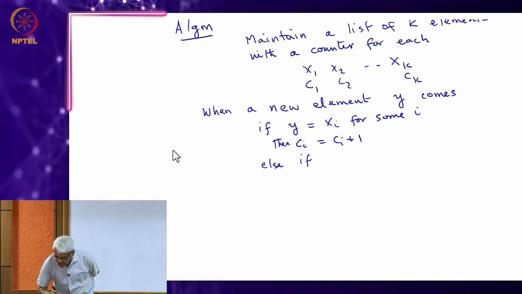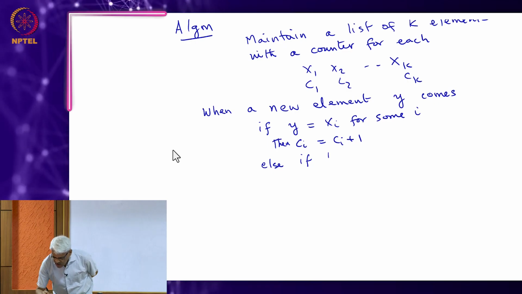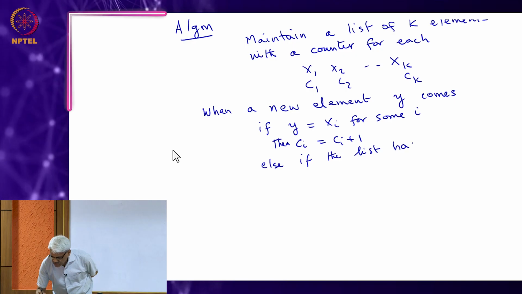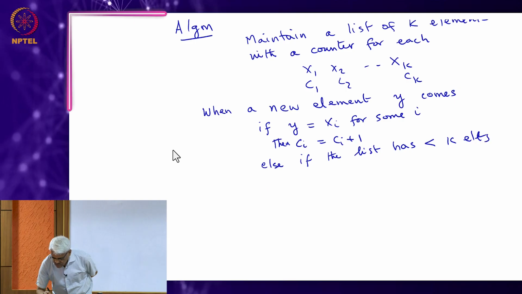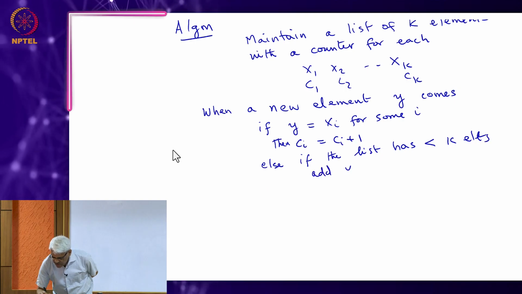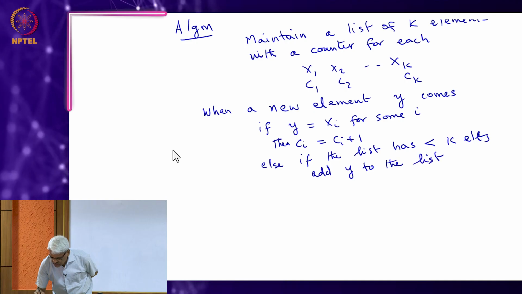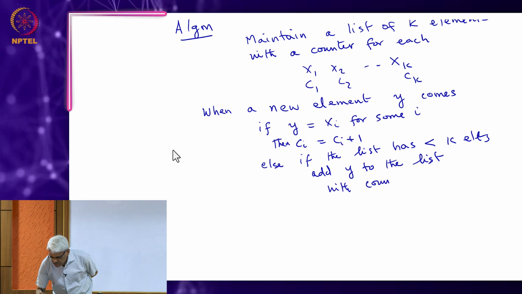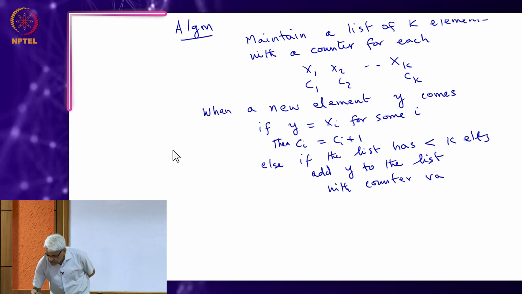Else, if the list has less than k elements, add y to the list with the counter value 1.